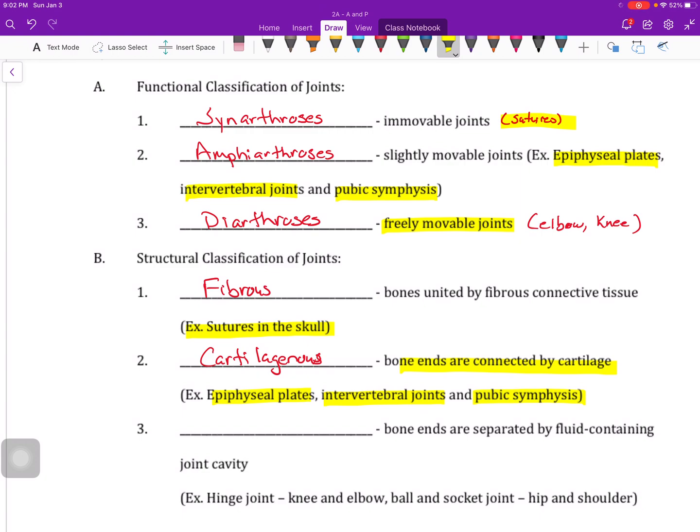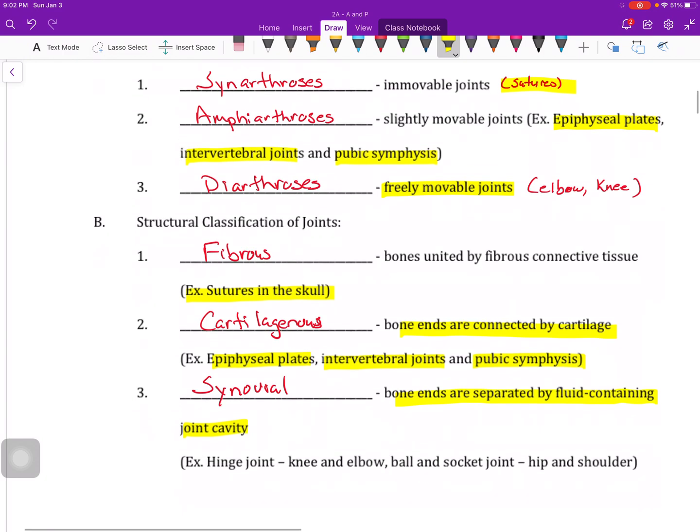And then finally, the last one is going to be called synovial. And in your synovial, the bone ends are separated by a fluid-containing joint cavity. These are hinge joints, such as the knee and elbow, ball and socket joints, such as the hip and shoulder.